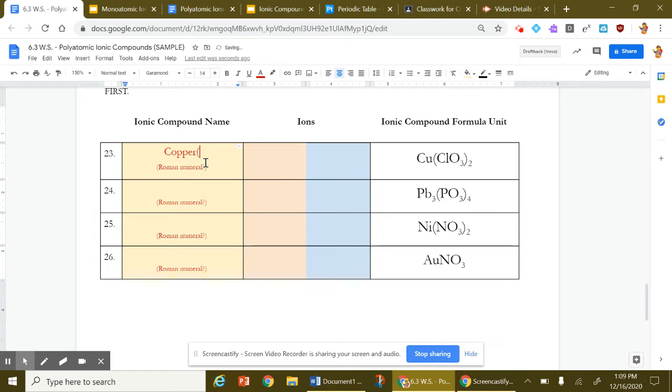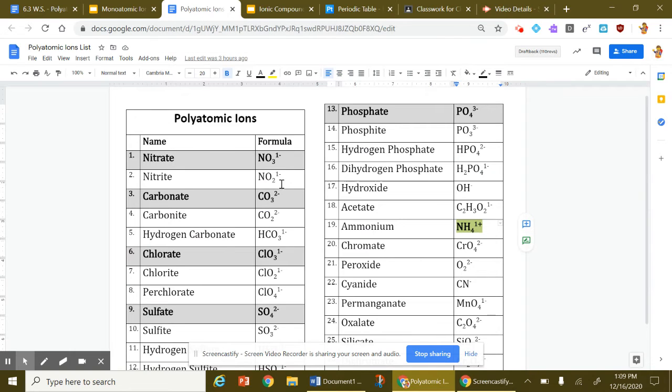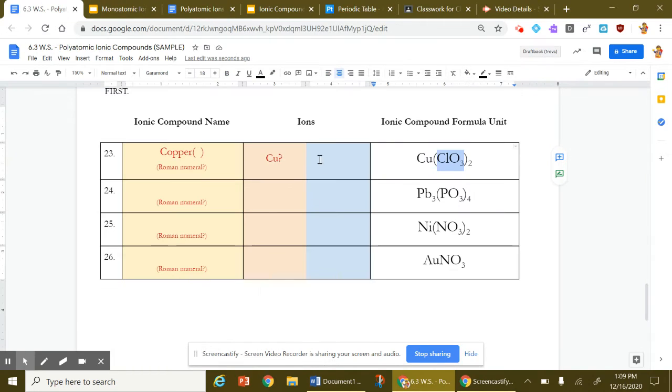This means that copper is going to have Roman numerals. So we're going to put a Cu here. We just don't know its charge yet. But ClO3, what polyatomic ion is that? ClO3 is chlorate.